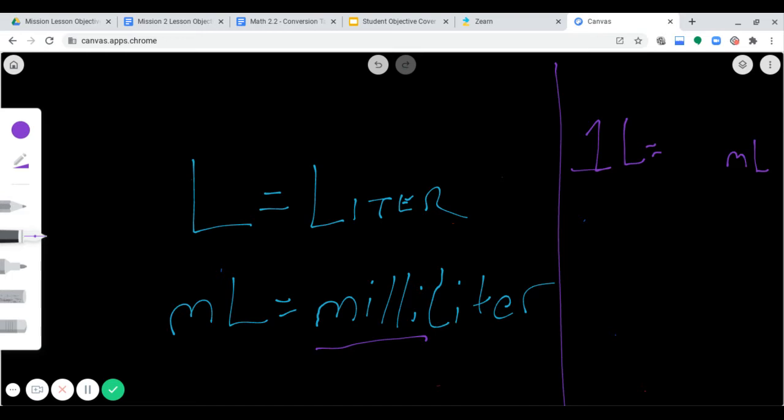It's a prefix also for 1,000. It means the same thing. So 1 liter equals 1,000 milliliters.